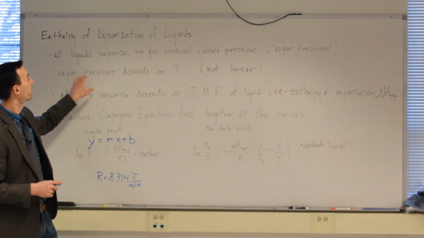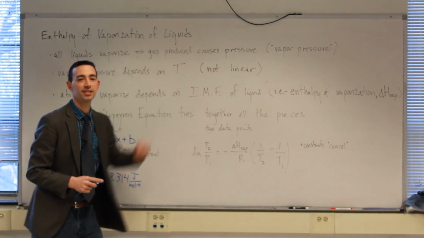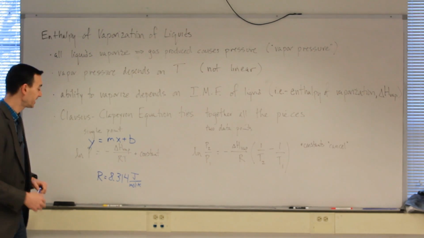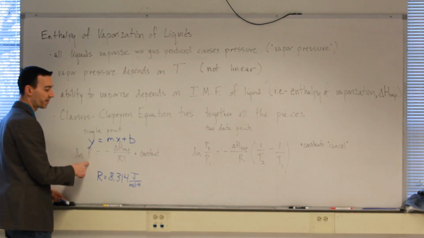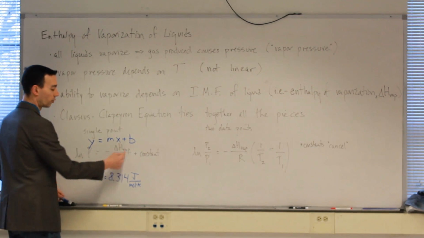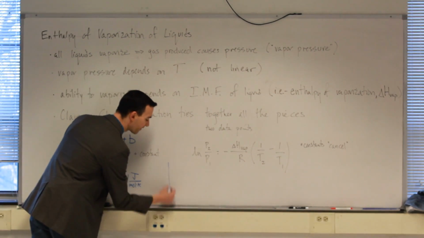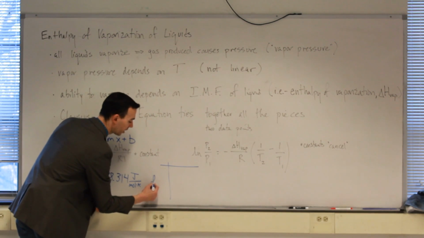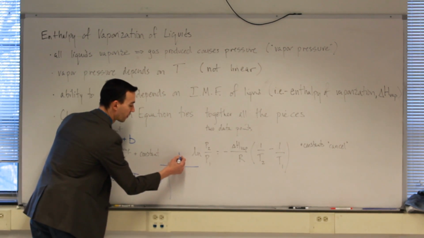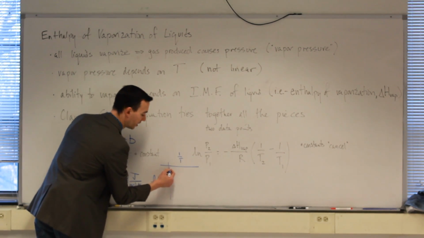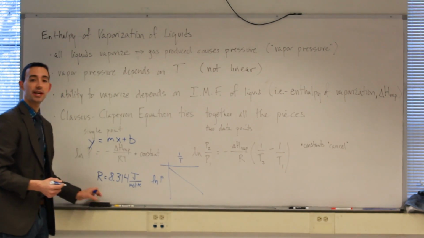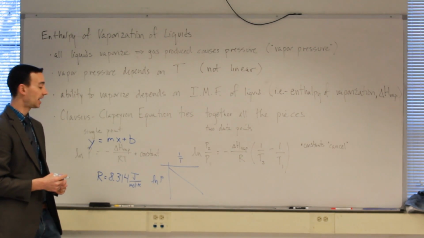Now, I said that vapor pressure and temperature wasn't linear, but what is linear is the logarithm of vapor pressure related to 1 over temperature. And a graph of logarithm of pressure versus 1 over temperature should produce a relatively straight line.